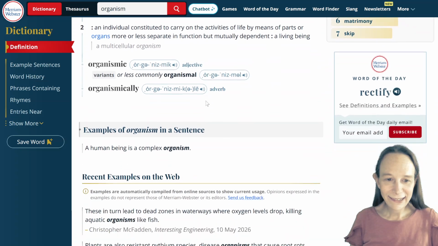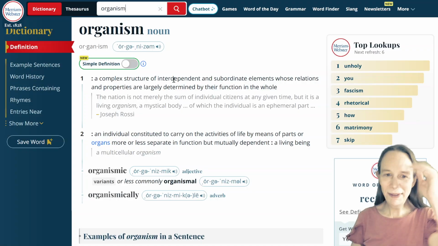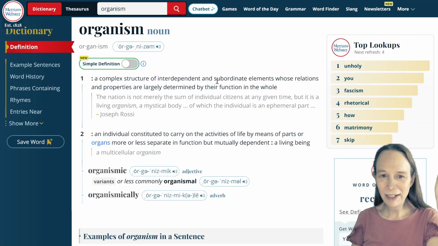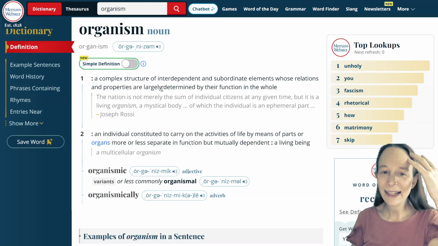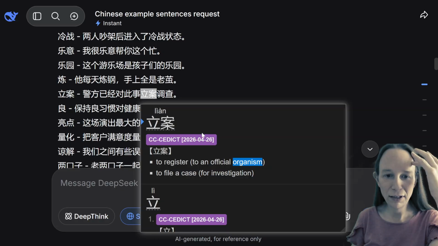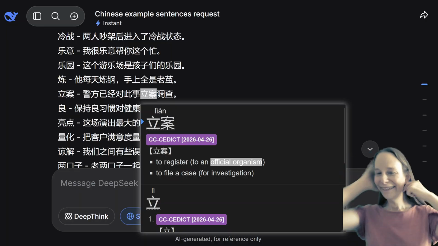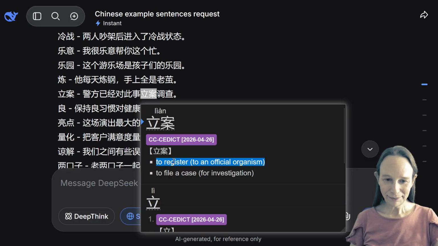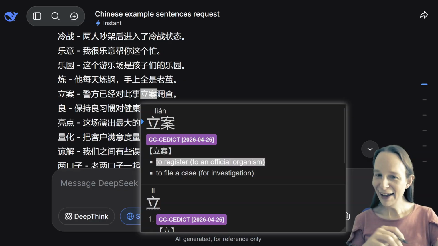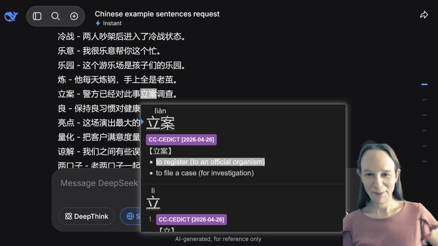But maybe this one: complex structure of independent and subordinate elements whose relationship and properties are largely determined by the function in the whole. I mean, maybe it's correct. An official organism. All right. So I'd like to register a complaint to an official organism.